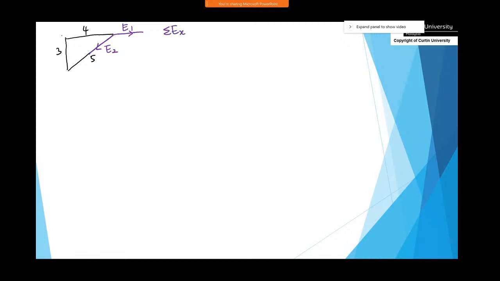So the total field in x direction, let's assume going to the right as positive, is equal to E1 plus negative E2. If this is your theta, then E2 cos theta. So it is 33.75 times 10 to the power of 3 minus E2 cos theta, where cos theta is 4/5.